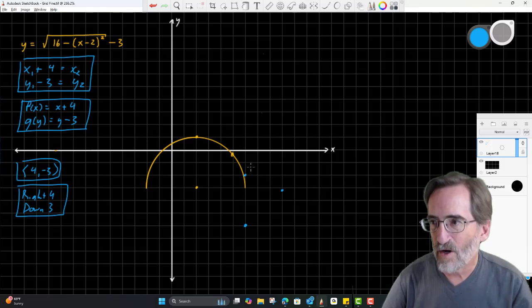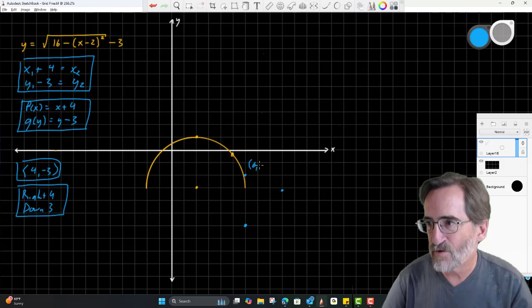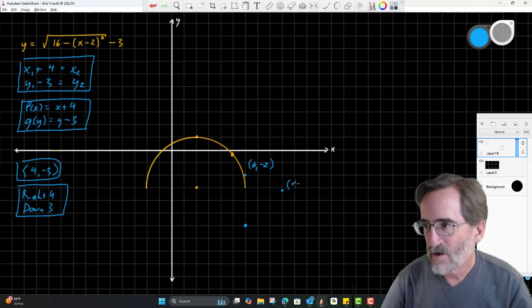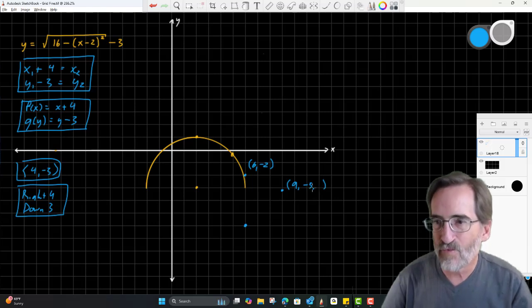Okay, now this was a nice point here, 2, 4, 6, negative 2. This one is not very nice. It's 2, 4, 6, 8, 9, negative 3 point something. And the question is, point what?